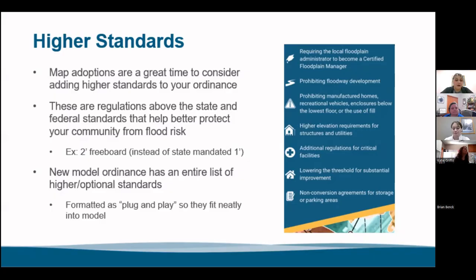So keep an eye out for that when you do go through an ordinance update and use our new model. Again, when you're adopting and already making changes to your ordinance, it's a great time to reevaluate your interest in these higher standards.